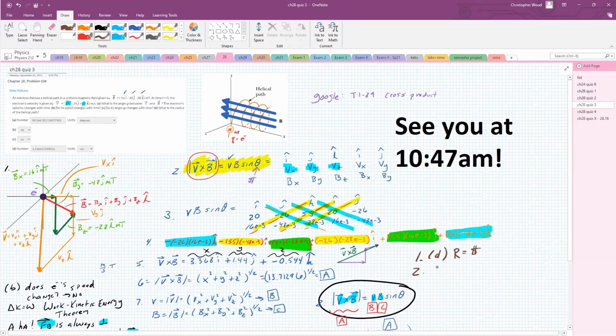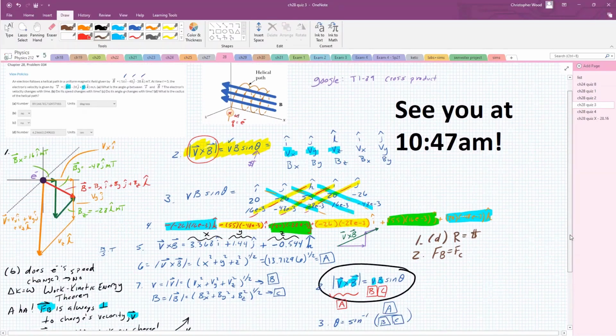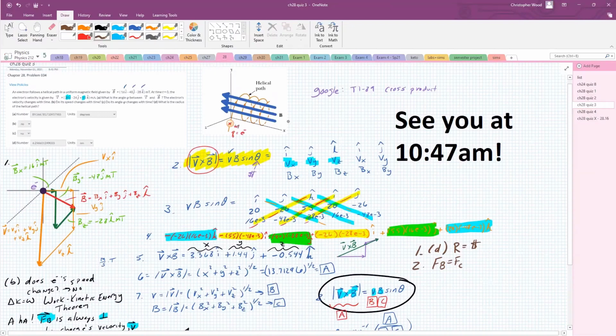If it's moving in a circle, the magnetic force is the centripetal force. And you could say, well, it's not moving in a circle, it's moving in a helix. But again, we're only going to look at the circular motion part of this. We're not going to care that it's moving along X, through some length.